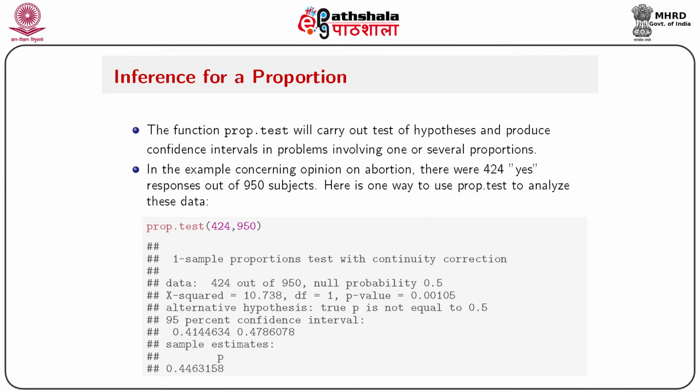Data is 424 out of 950, null probability is 0.5, chi-square value is 10.738, degrees of freedom is 1, p-value is 0.001505, and you also get the 95% confidence interval, here 0.41 to 0.47, and the sample estimate of the proportion is 0.44. These are all the details of information that you will get from the prop.test function.